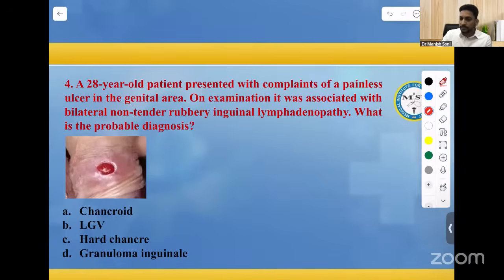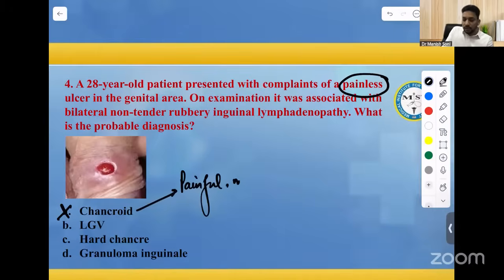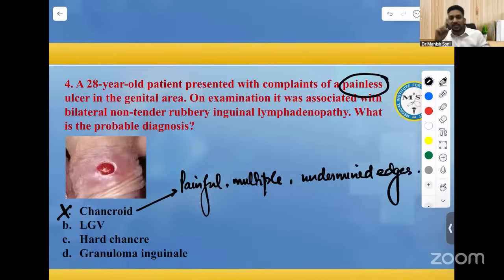It is a painless genital ulcer, so chancroid is not the answer, because chancroid has painful multiple genital ulcers with undermined edges. But here there is only a single genital ulcer and it is painless. So chancroid is not the answer.